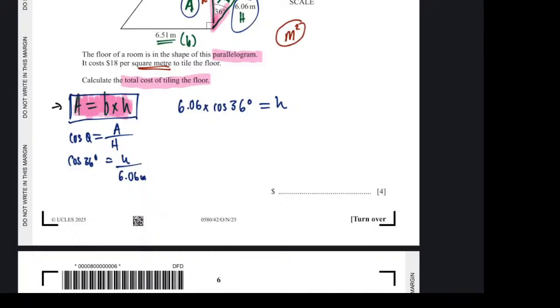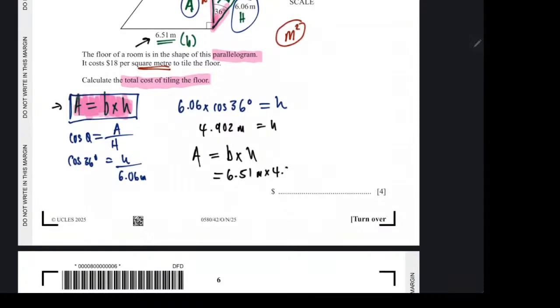Yes, Eric? 4.902 meters. This is H. Now you say area of your parallelogram is base times height, which is, what is the base? 6.51 meters.